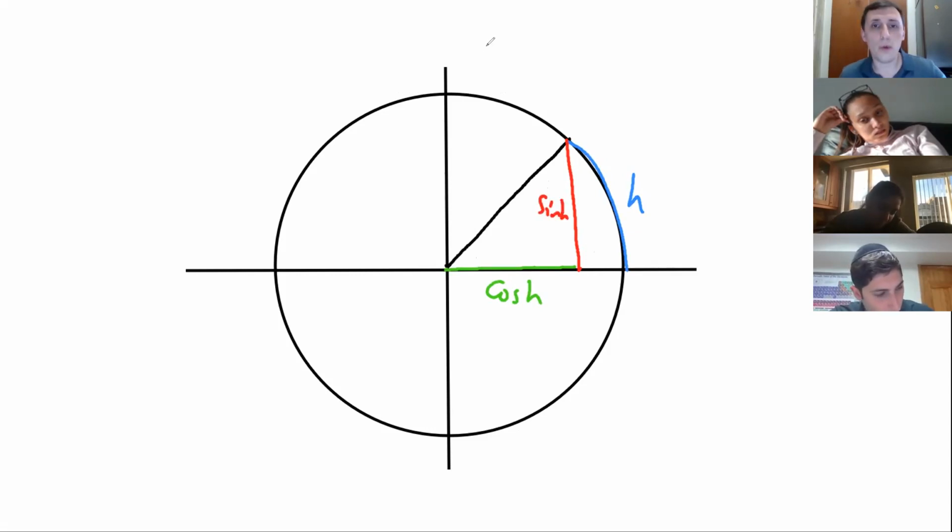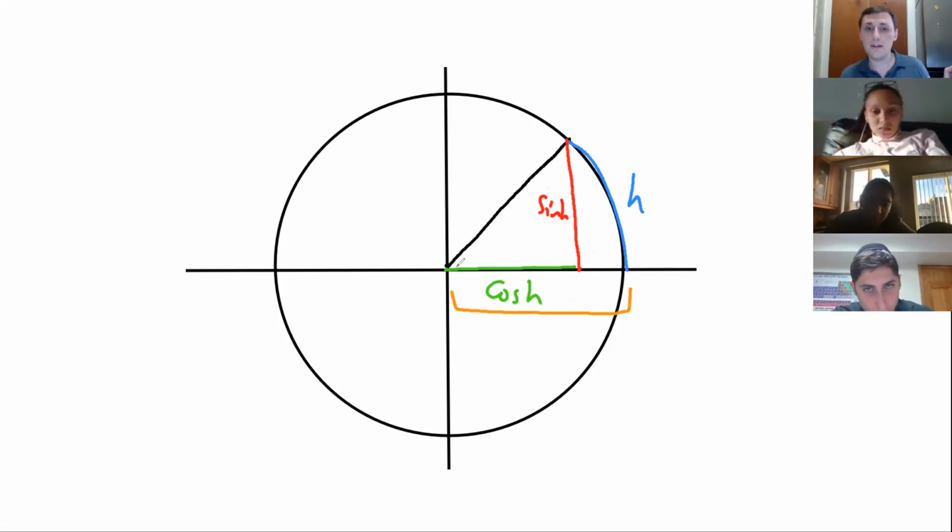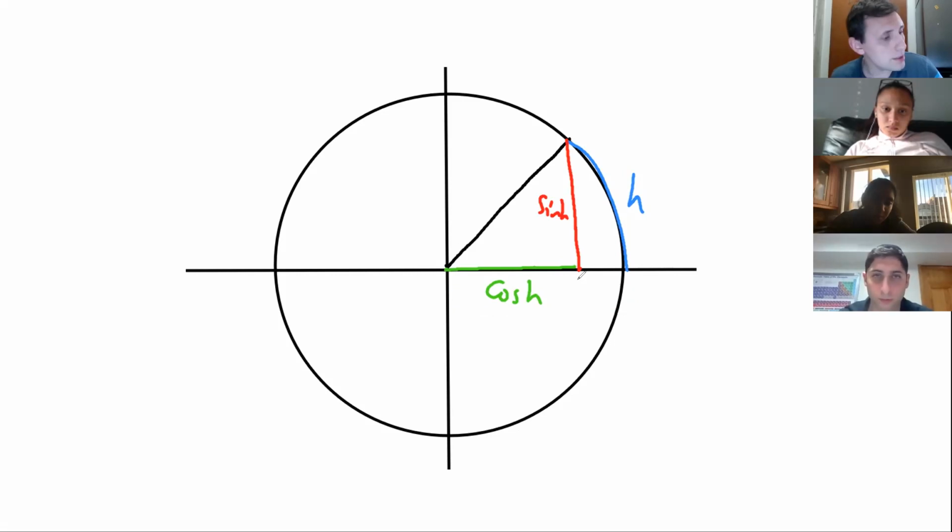Now, what is this length? Would you tell me, please? Type in the comments. To be precise, what is this length?